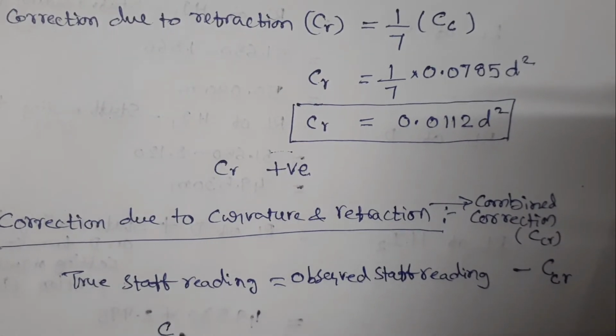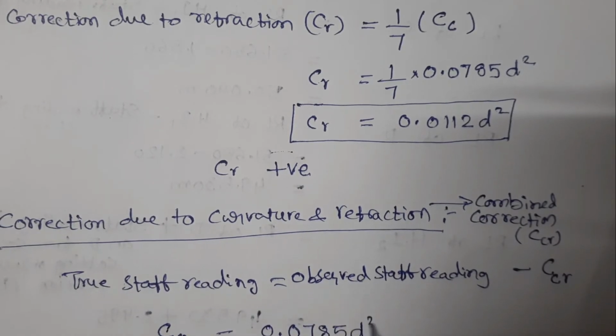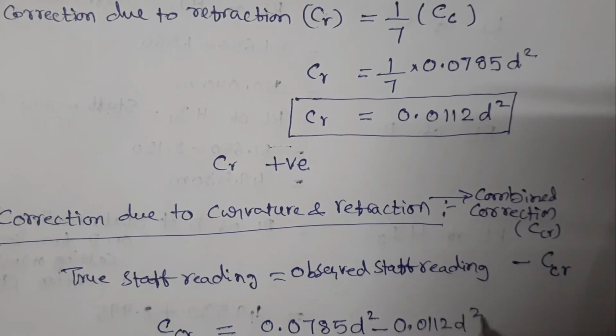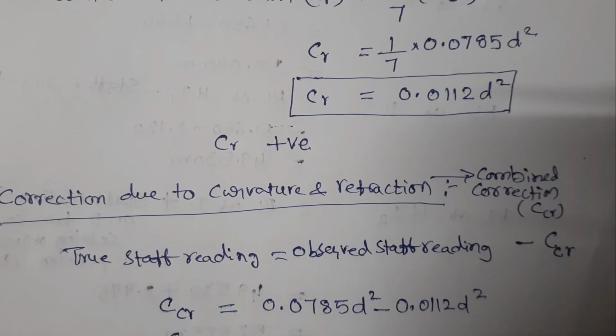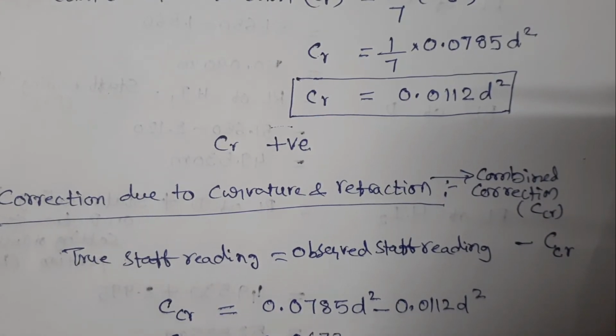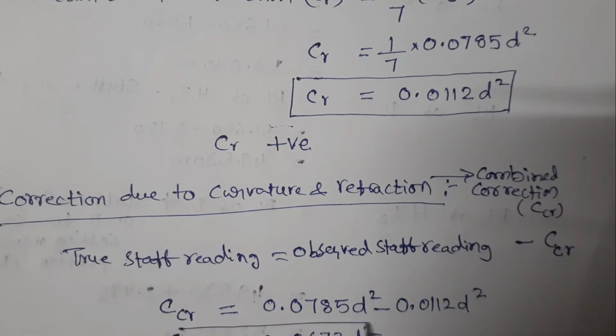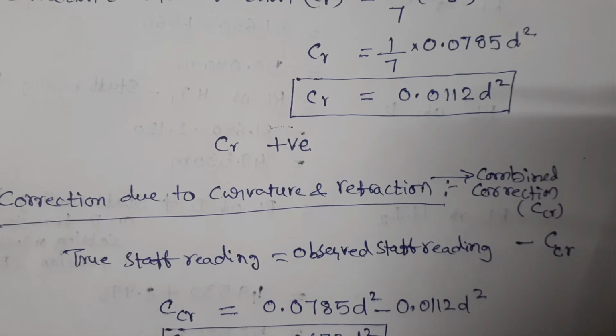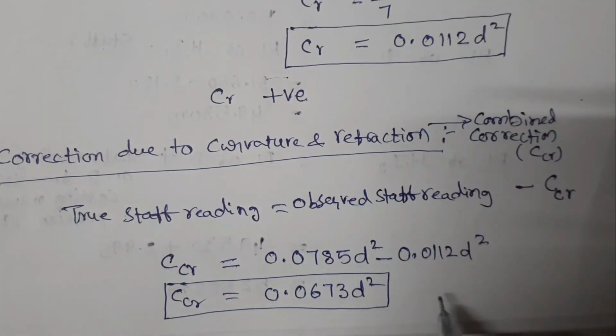This combined correction is equal to 0.0785 d square minus 0.0112 d square, which is equal to 0.0673 d square. This should be negative.